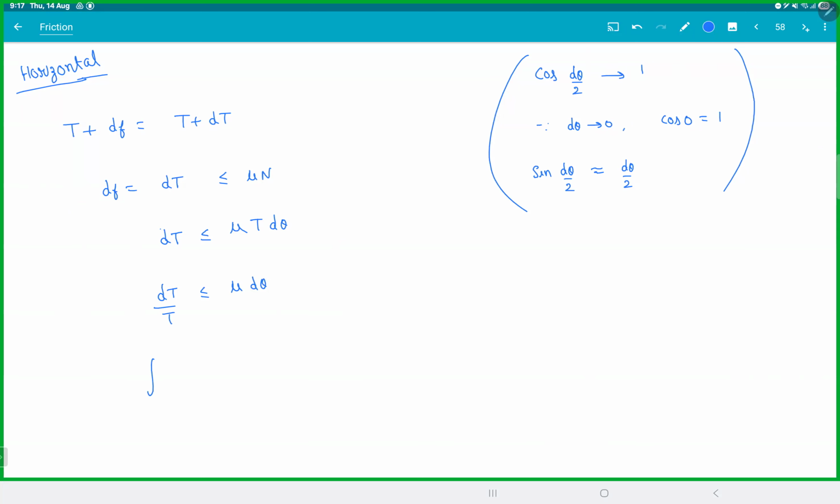Integrate on both sides. Integral of dT by T is less than or equal to integral of mu d theta. So if you integrate this, on one side the limits will be F, the other side the limits will be mg. This will go from 0 to pi. So we get ln T with limits F to mg is less than or equal to mu into pi.